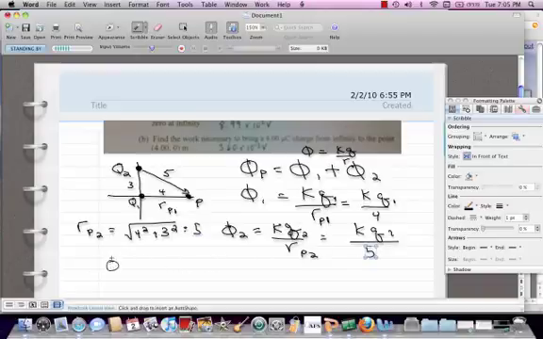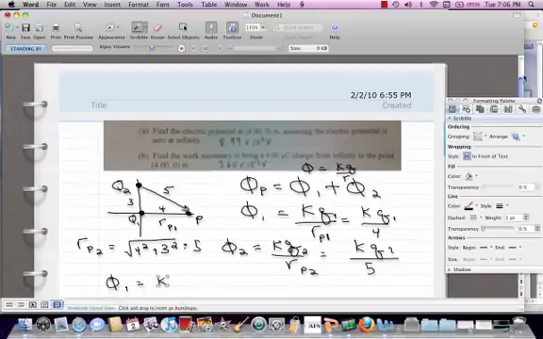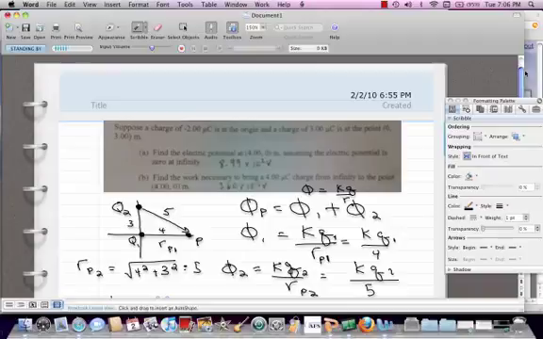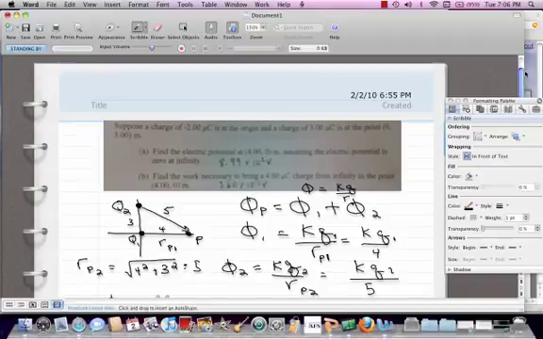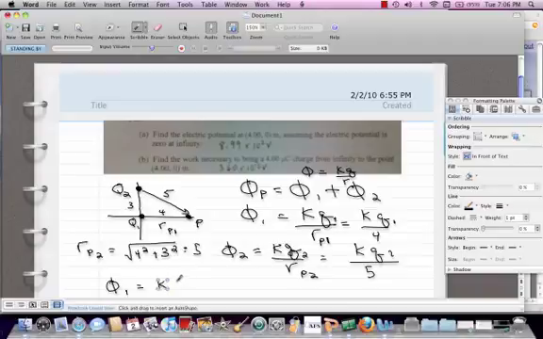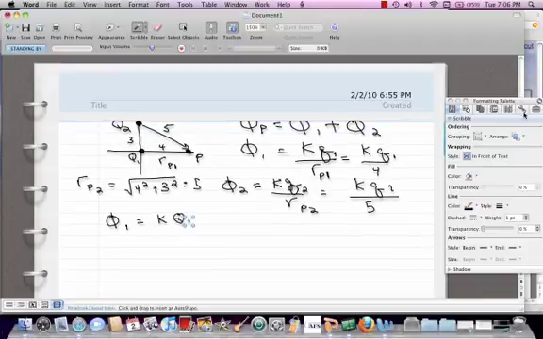So now if I want to put them together, phi 1 equals K, and Q1 is equal to negative 2 microcoulombs, over 4, plus KQ2 over 5.